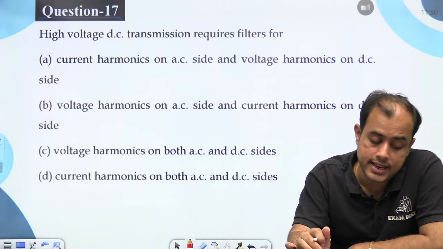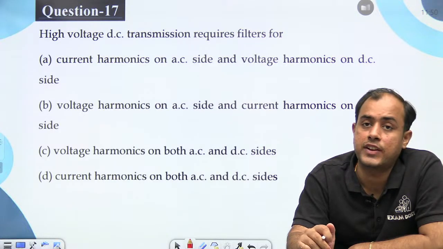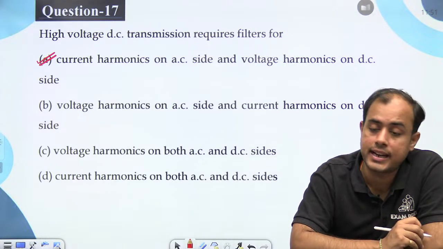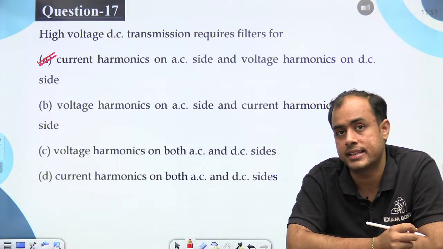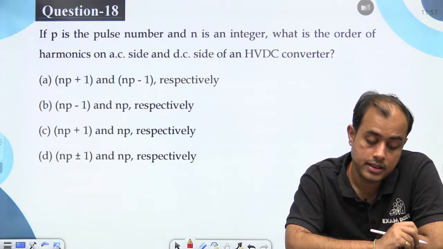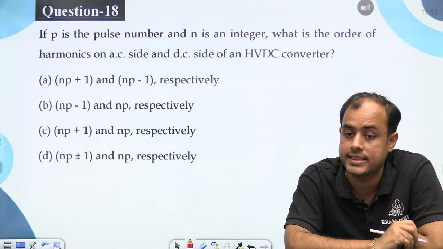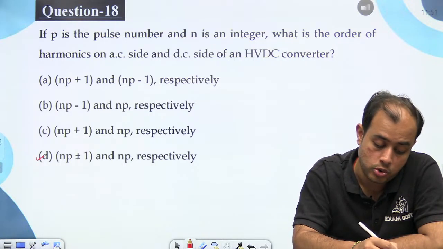ESE 2006, HVDC requires filter for current harmonic on AC side, voltage harmonic on DC. Already I have told you this. If pulse number is an integer, what is the order of harmonic on AC and DC side? Again, I have told you this.